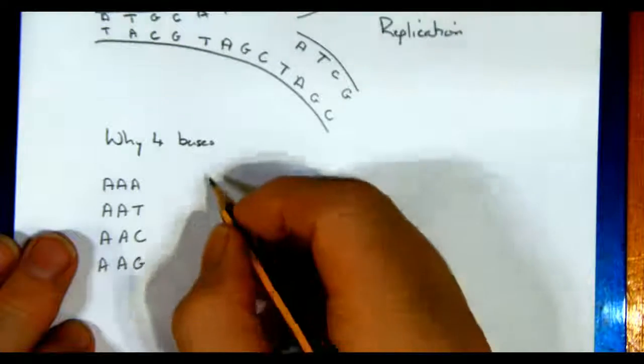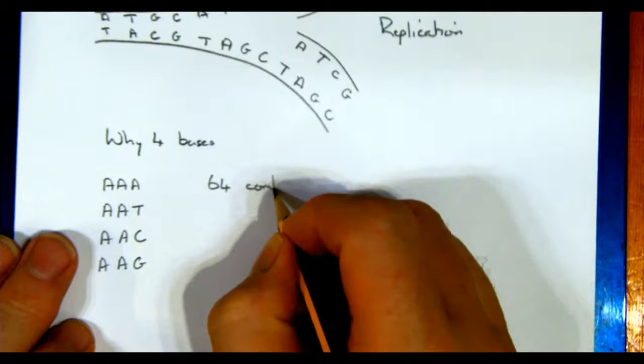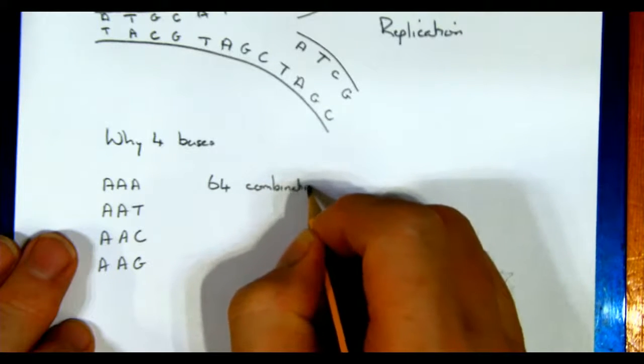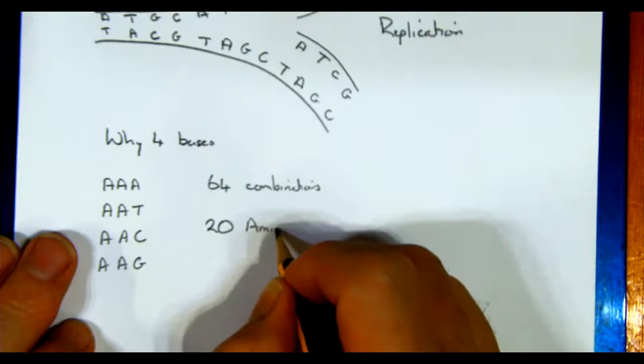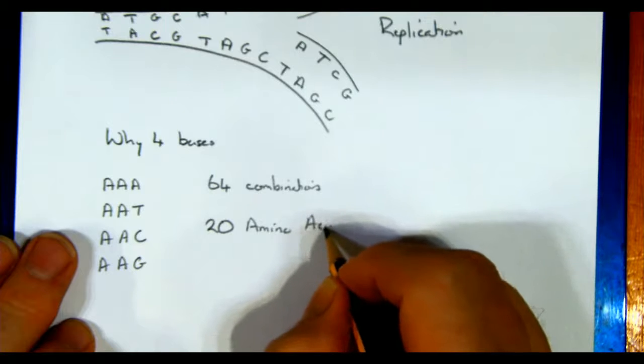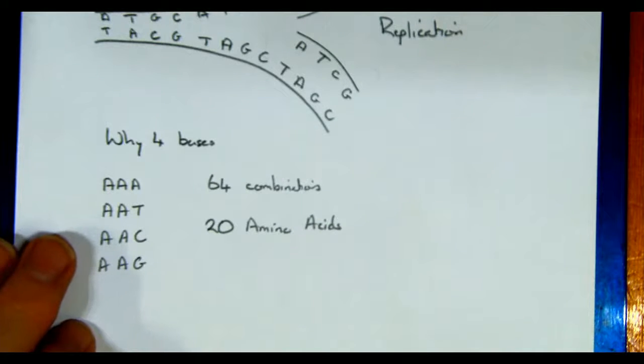This will give me 64 different combinations, and we have 20 amino acids to try and make. These are the 20 amino acids that are made and available in the body.